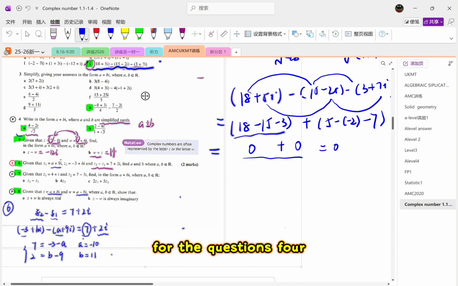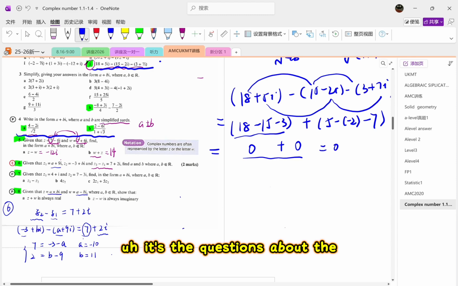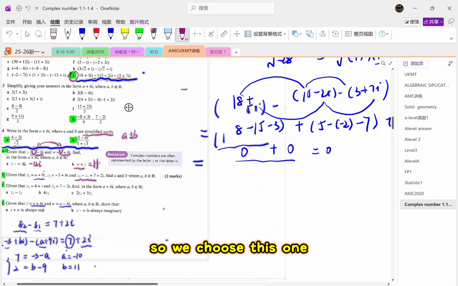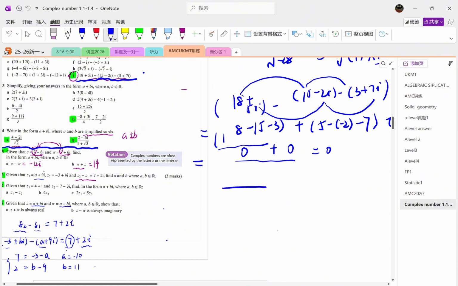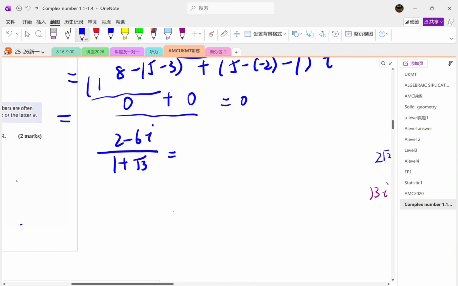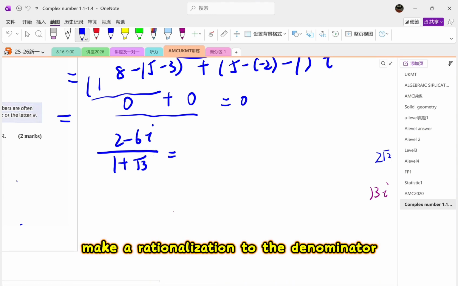For question 4, it's a question about real number multiplication. So we choose this one. For the first, the surd is in the denominator. Make a rationalization of the denominator.